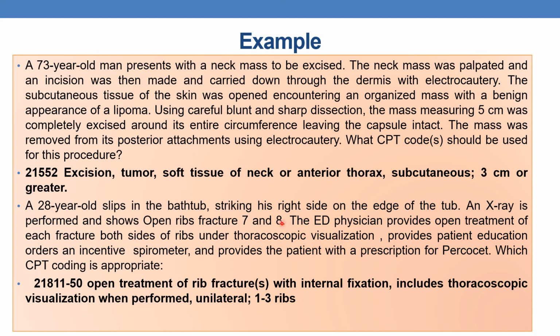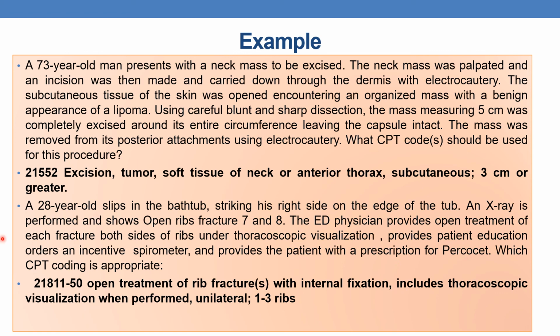How many ribs? 2 ribs and bilateral. Ribs of both sides are affected and thoracoscopic visualization is done. Additionally, the provider gives patient education, orders an incentive spirometer, and provides a prescription for Percocet.